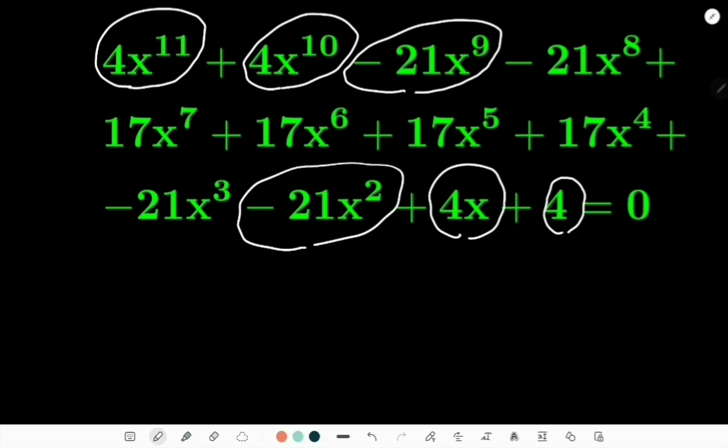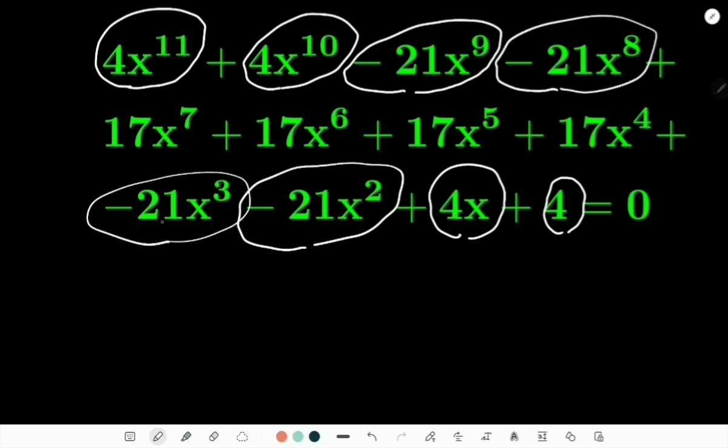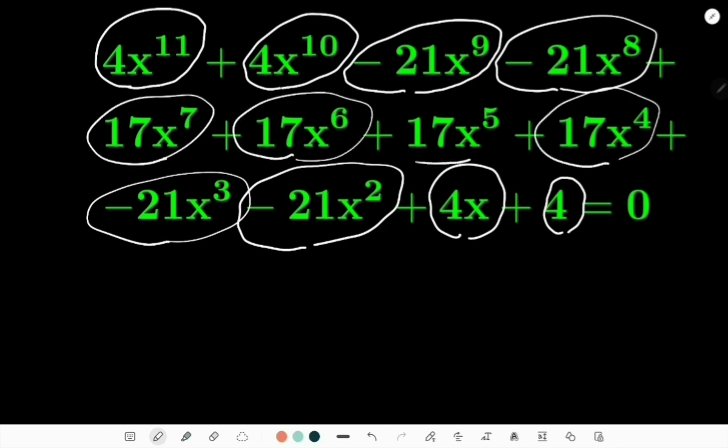And pay attention that the sum of the powers of x, for example, in the first one, is 11 and 0. In the second one, 10 and 1. In the third one, 9 and 2. The sum of the powers is always 11. And then the next one again is minus 21, and here minus 21. So here 17 and 17, and here you have 17 and 17. So there is something special about this equation.